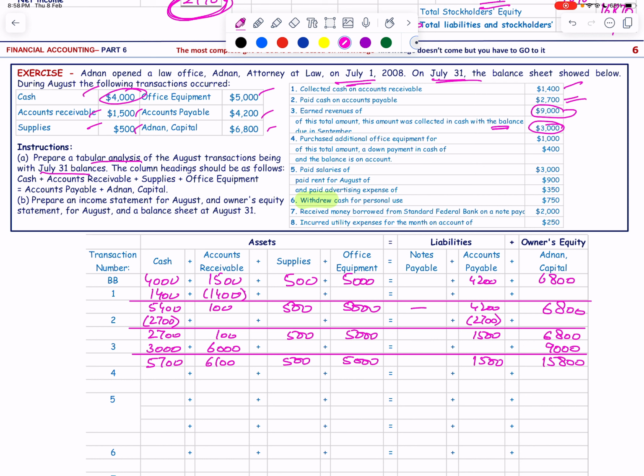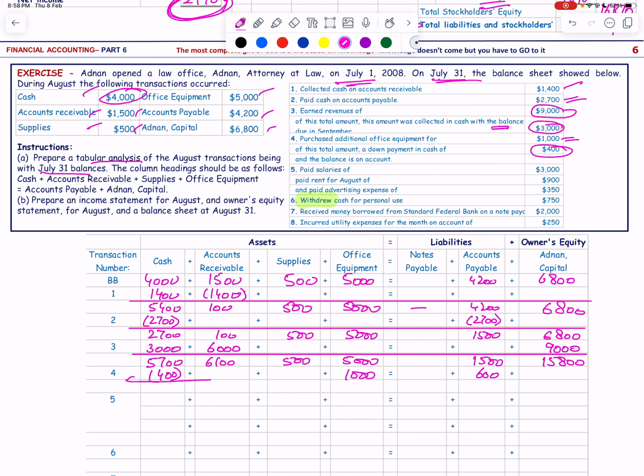Then purchased additional office equipment for 1,000. So equipment is going to be plus by 1,000. Of this total amount, a down payment in cash of 400 was done. So cash decreases by 400 and the balance is on account. The balance will be 600. Our liability accounts payable is going to increase by 600.